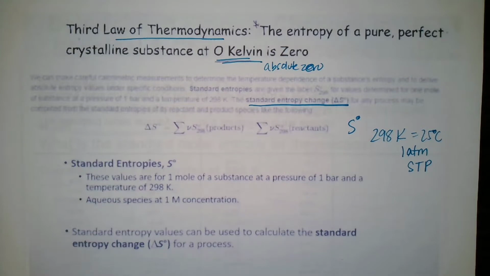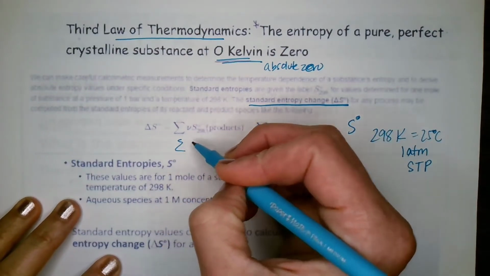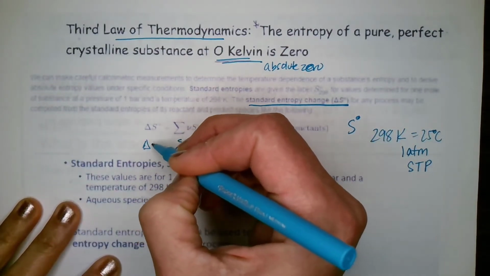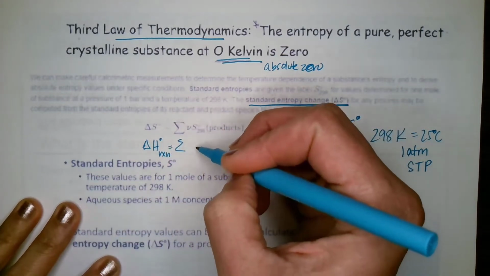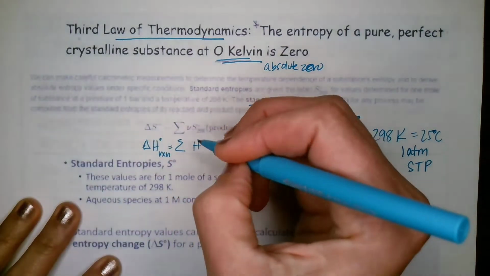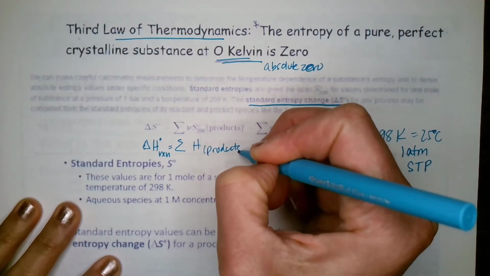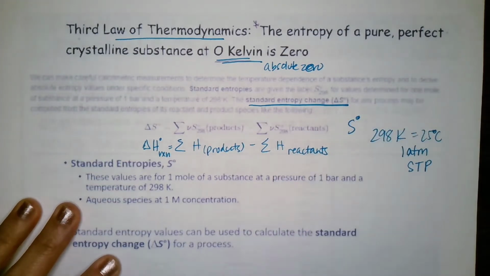Just like in our last chapter when we were calculating enthalpy of a reaction, you would look at the sum of the products minus the sum of the reactants.